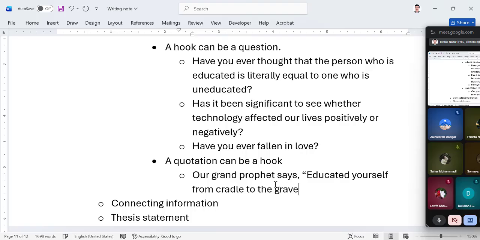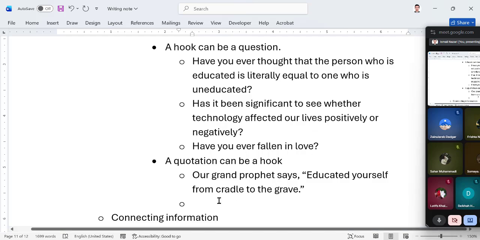So it shows that I'm talking about the importance of education. It can be a hook. The rest of the paragraph gives step-by-step information about what is education, what does this sentence mean exactly, and the rest of the information. Or if I have about technology, a quotation.